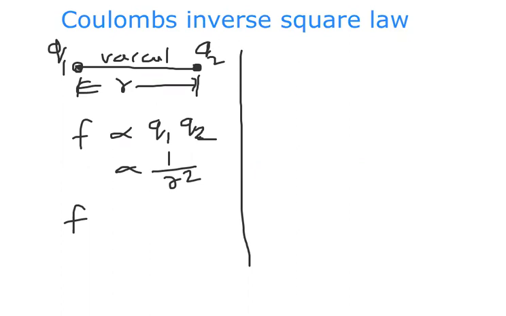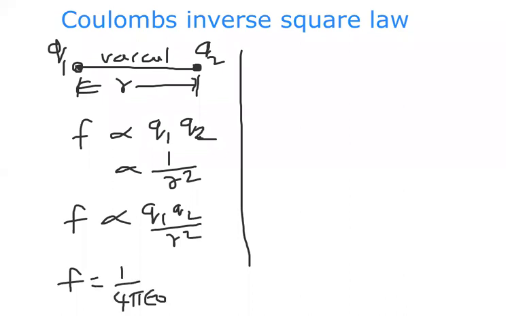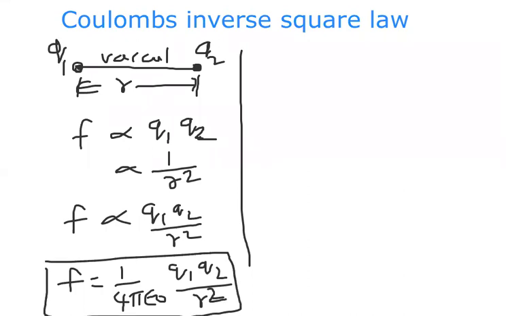Here F is proportional to Q1 Q2 by R square. Directly we can write F is equal to 1 by 4 pi epsilon naught Q1 Q2 by R square. This is the formula for the force between two charges.